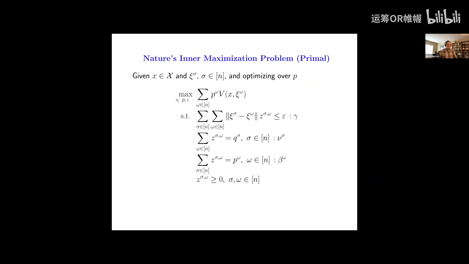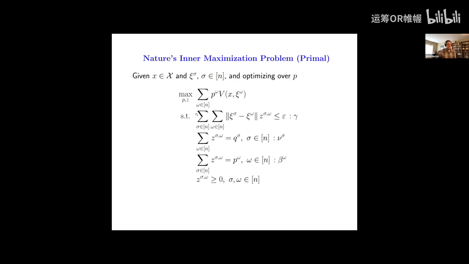Okay, so there's a minimax, so let's fix the outer x and just focus on nature's inner problem. In what I said before, both Q and P were fixed when we defined the Wasserstein distance, but now nature is getting to simultaneously optimize over P and this auxiliary variable Z, and Q is a given.